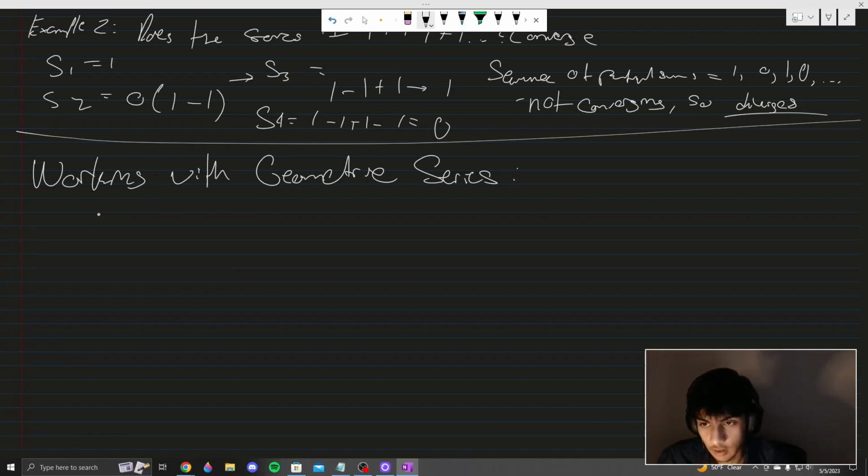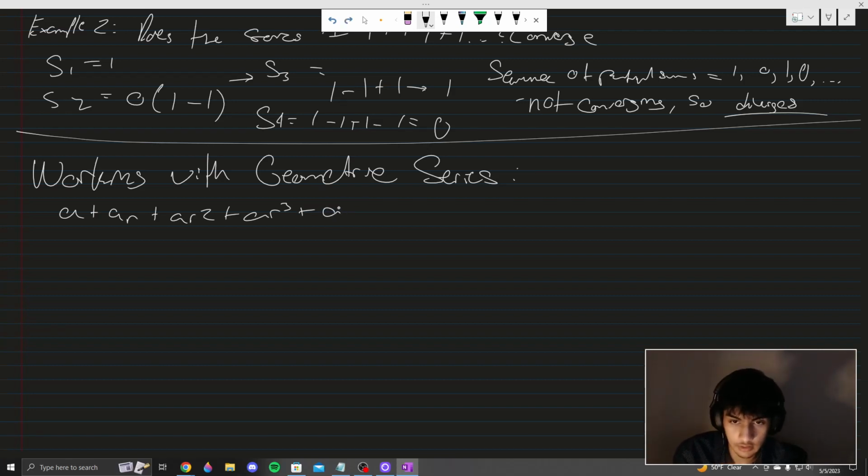So the format for a geometric series will take the form a plus ar plus ar squared plus ar cubed plus ... plus ar to the n minus 1 plus dot dot dot, which equals the sum from n equals 1 to infinity of ar to the n minus 1.